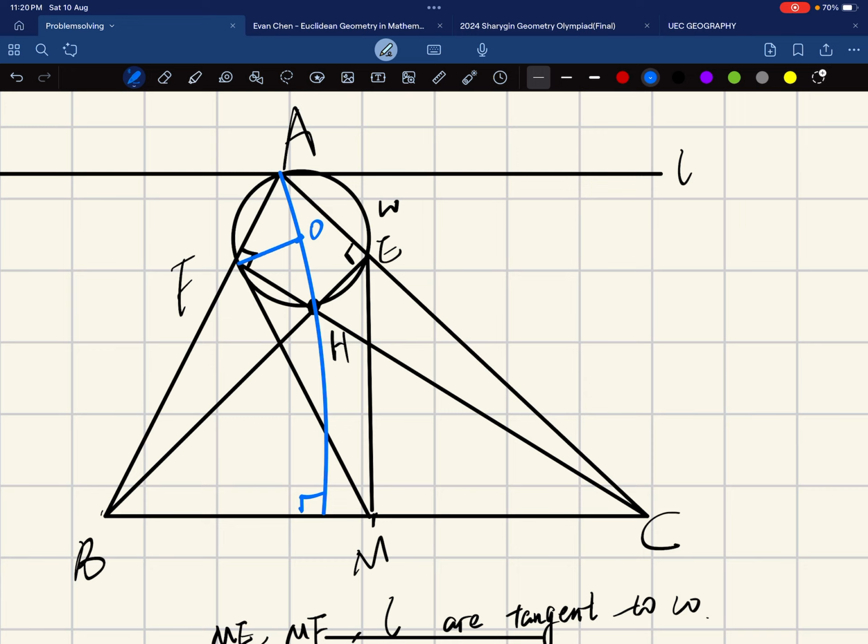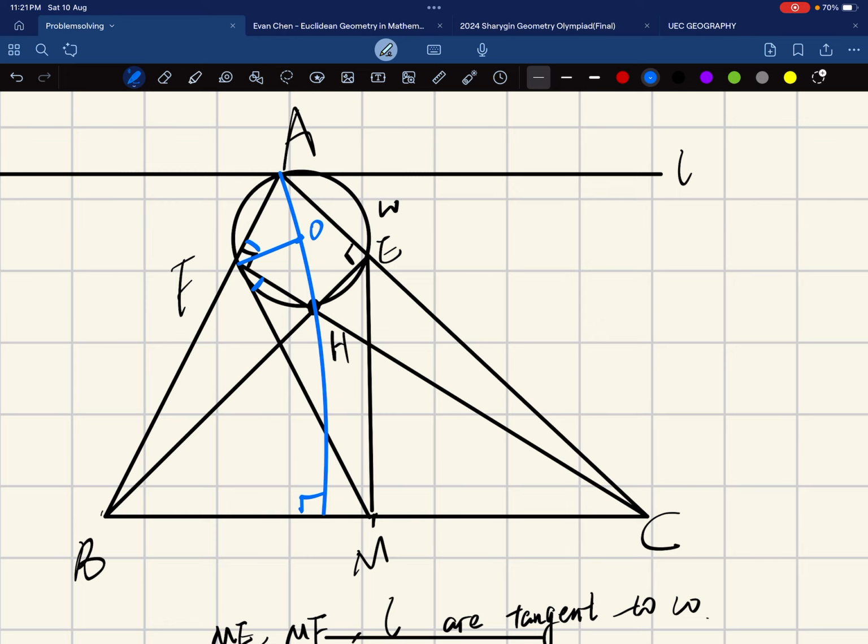We try to prove that the angle OFM equals 90 degrees. What does it mean? It means this angle MFC equals angle OFA. Why do I say this?